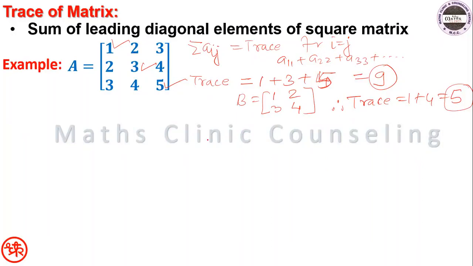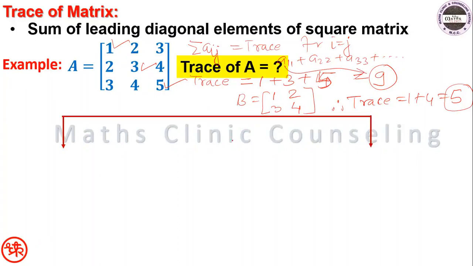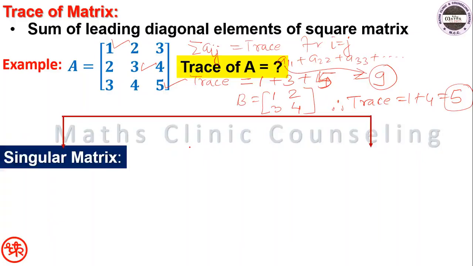Now let us see, there are two types: singular matrix and non-singular matrix. So, okay, trace of A is equal to 9. Now there are two types. One is a singular matrix. So what is a singular matrix?